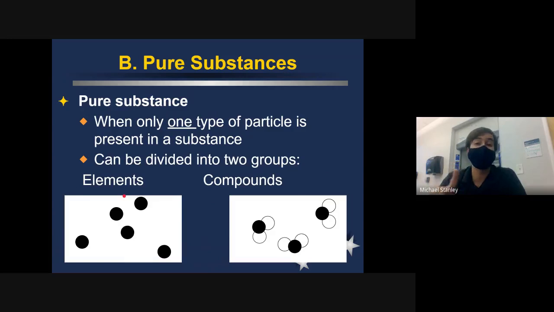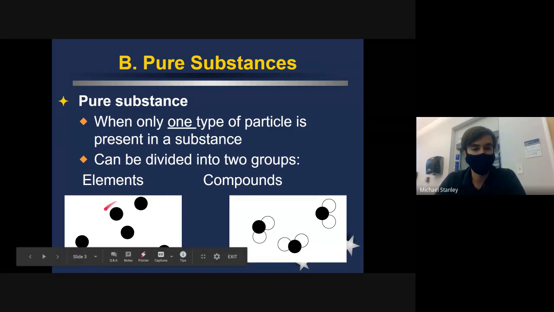So if we only have one single type of atom in our substance, then we have a pure substance that is made of only elements, only one single type of element. So like in this little diagram here, the only element that is present is this black dot, right?